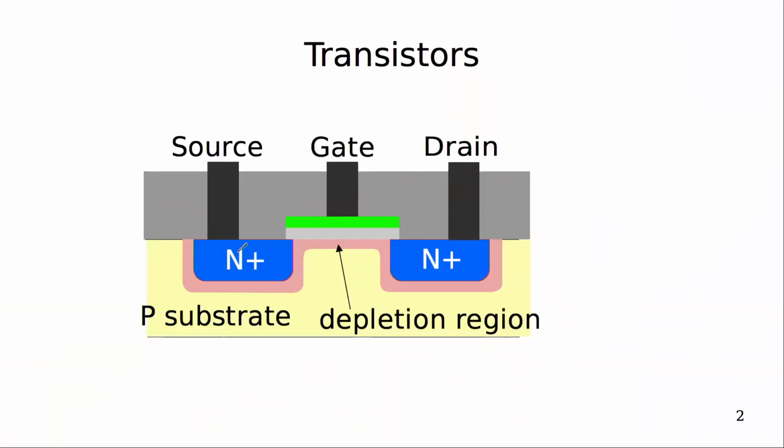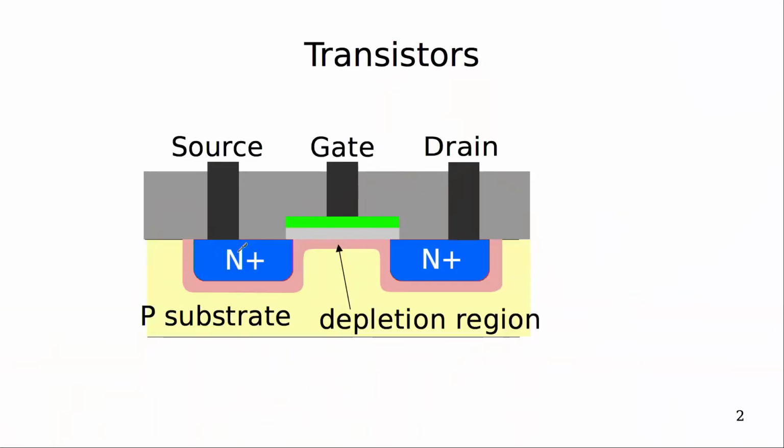So just let me quickly give an overview of how a field effect transistor works. Down here you have the silicon substrate, and on its own silicon is not very conductive. But you have two ways to make it conductive, and one is to implant charges into the silicon.